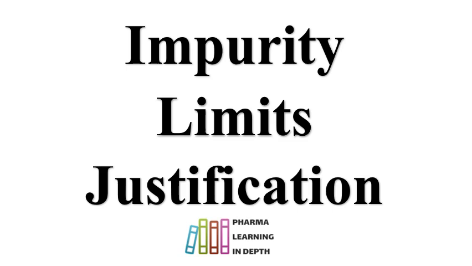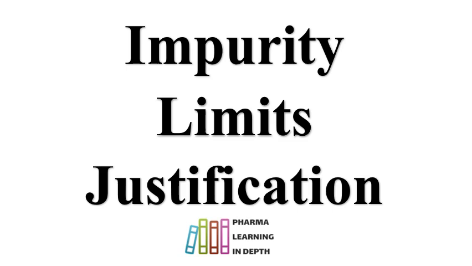The impurity limits are set as per the monographs, as per the stability data and ICH guidelines. But if the impurity level crosses this safe limit or limits provided by the ICH guidelines or the regulatory guidelines, then there should be qualification.